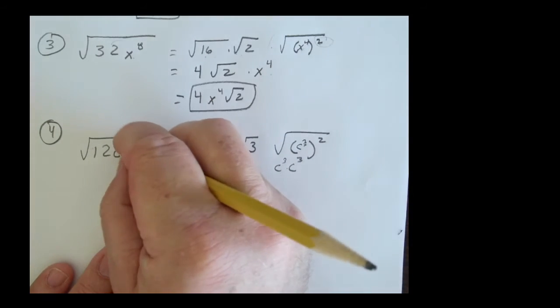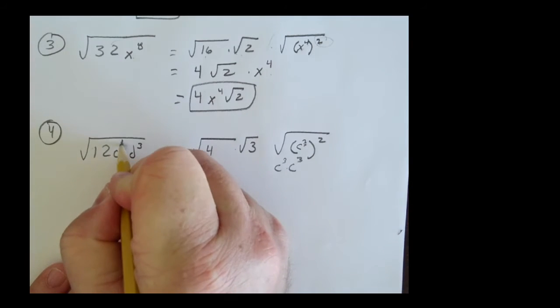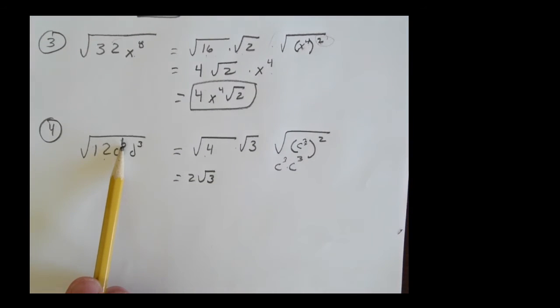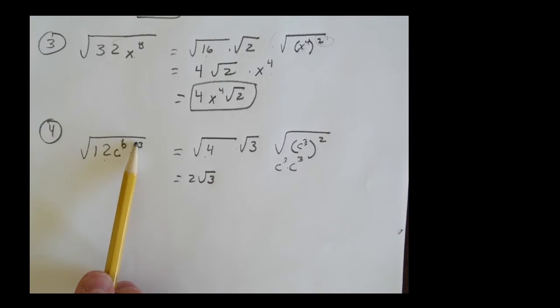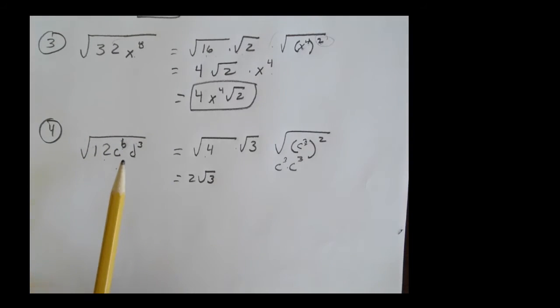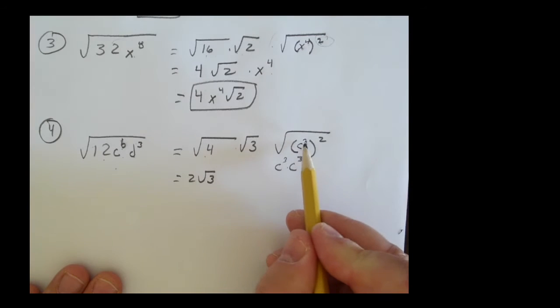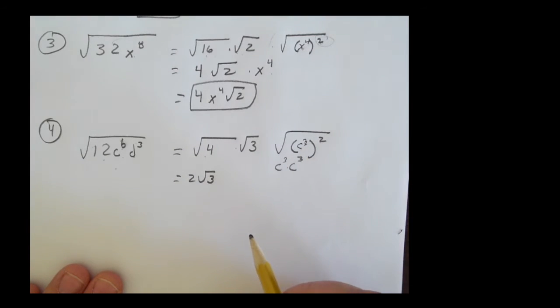I made a little mistake here. Sorry about that. My fault. Hopefully you can go back in and change that. It was 12 c to the 6th d to the 3rd. So my fault on that. So that would mean c to the 3rd squared here.